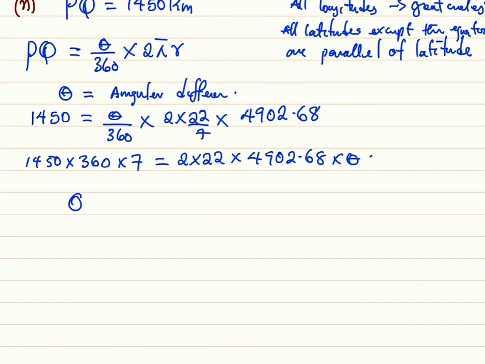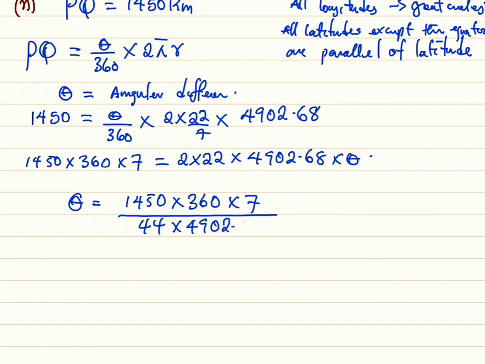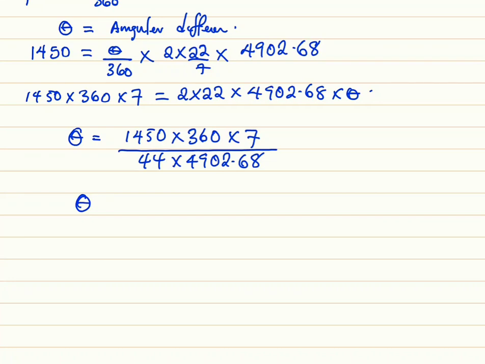In getting theta, theta will be equal to 1450 times 360 times 7 all over 2 times 22, which is 44, then times 4902.68. This is purely work that we can input in our calculators and get our answer. Doing that, theta is going to be 16.94 degrees.